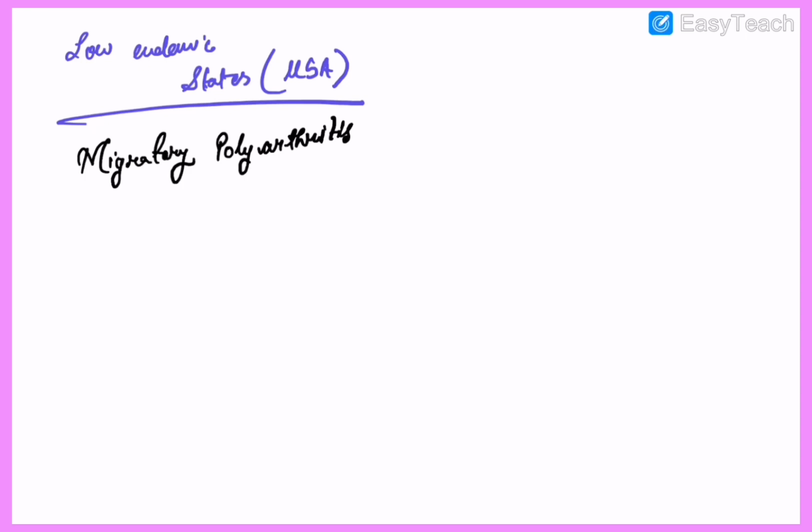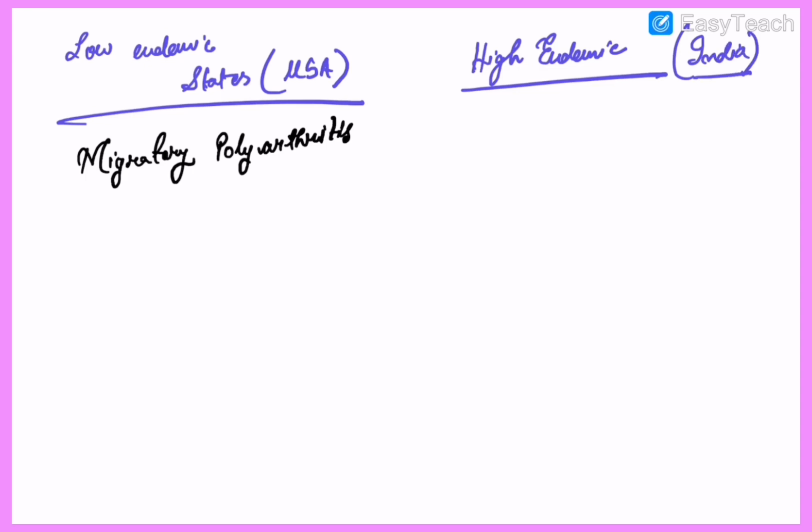But for high endemic states like India, if a single joint is involved, it is called monoarthritis, and that is sufficient for the diagnosis of arthritis.